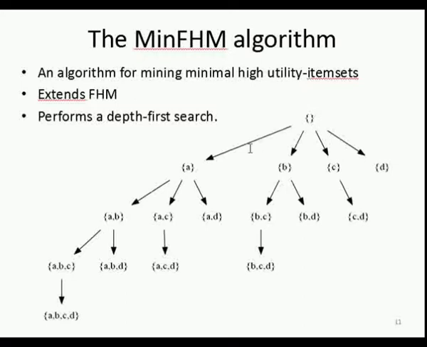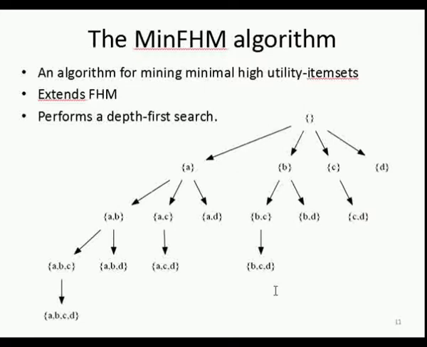Then we have the single items like A, B, C, D, and then AB, AC, AD, ABC, ABD, ACD, and so on. For a depth first search, we start from the root, then we go to A, AB, ABC, ABCD. Then we go back up, we go to ABD, then go back up, we go to AC, ACD, go back up, AD, then go back up, and then explore B, and so on. So this is a depth first search.